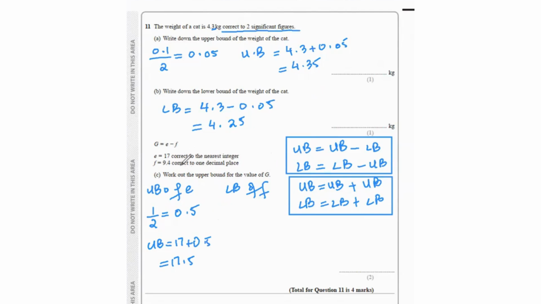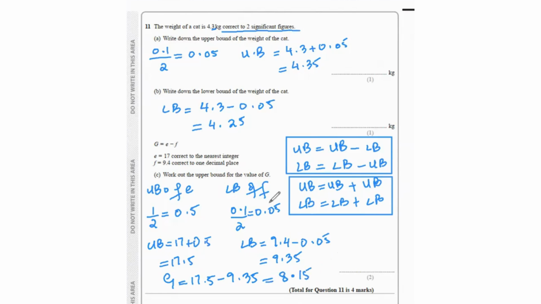And for f, it was correct to 1 decimal place, which means 0.1 divided by 2, that's 0.05. So lower bound would be 9.4 minus 0.05, which is 9.35. So now for the upper bound of g, it's going to be 17.5 minus 9.35, which gives us 8.15. That's the upper bound of the value of g.